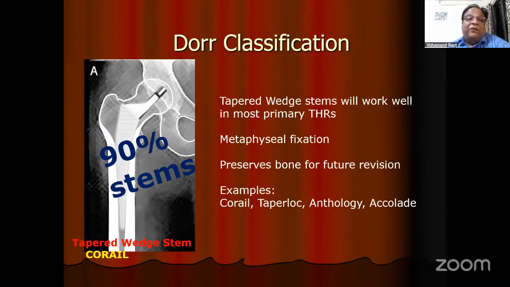Because it has a metaphyseal fixation, it does not disturb the bone in the diaphysis. So it preserves bone for future revision. And this is an important point because we are dealing with a primary THR or a bipolar. So we have the possibility that the patient may come in for a revision, and it preserves the bone for any future revision. Okay. And these are the examples: Corail, Taperloc, Accolade stems.